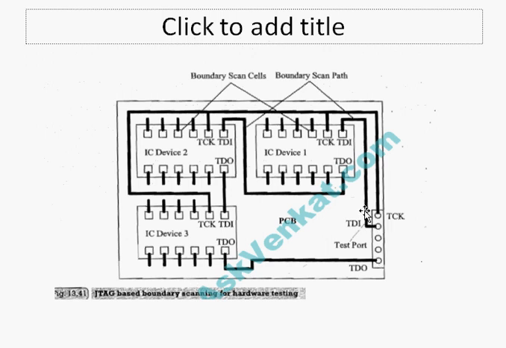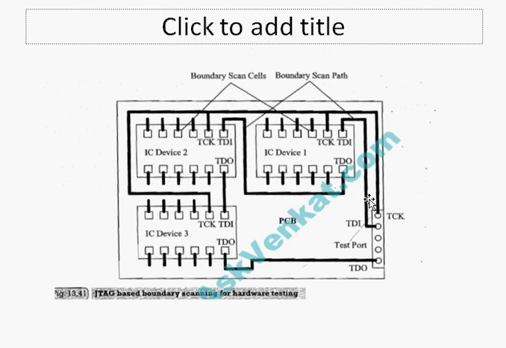The TDI of the PCB should be connected to the TDI of the first device. Between the first device and the second device, TDO of the first device should be connected to TDI of the second. TDO of the second device is connected to TDI of the third device, and TDO of the third device is connected to the TDO of the PCB.